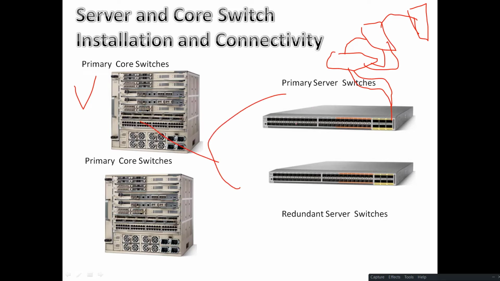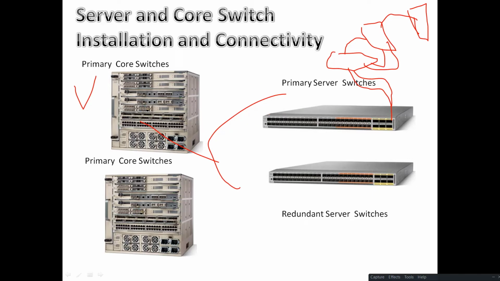From the server switch, it's up to you how many ports you want to bring in. You can make a port channel or vPC. By the way, it's better to use the Cisco N5K, 7K, or 9K switches, because their performance for storage and server is really good.